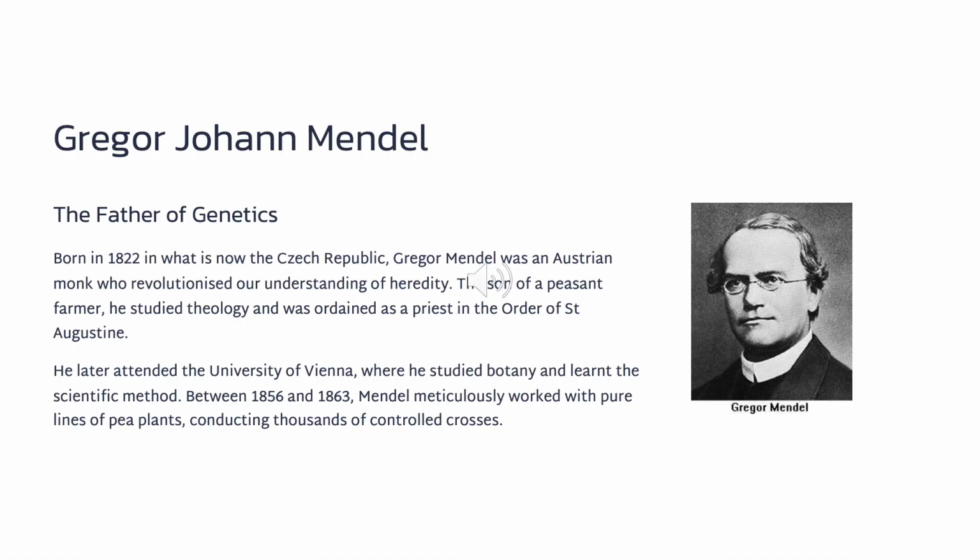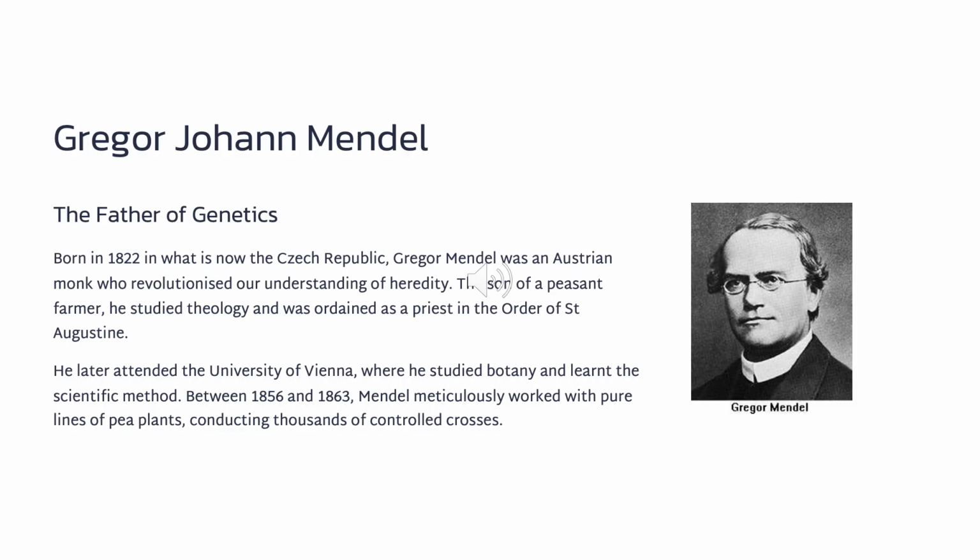The handsome man here is Gregor Johann Mendel. You cannot study heredity without knowing Gregor Mendel, as he is known as the father of genetics. He was born in 1822 and studied botany and learned the scientific method of crossing pea plants.